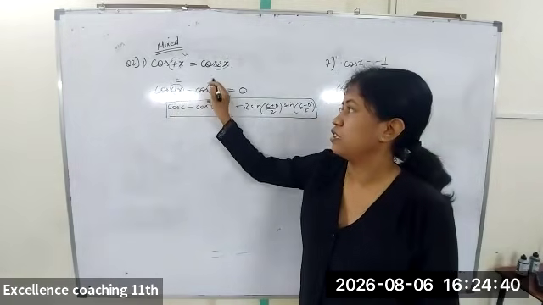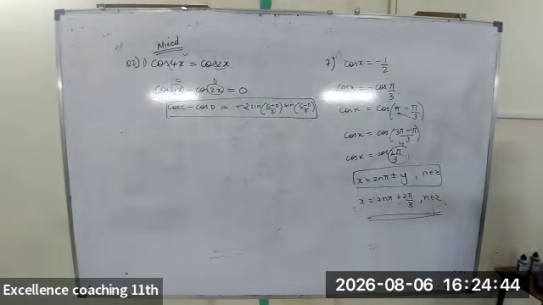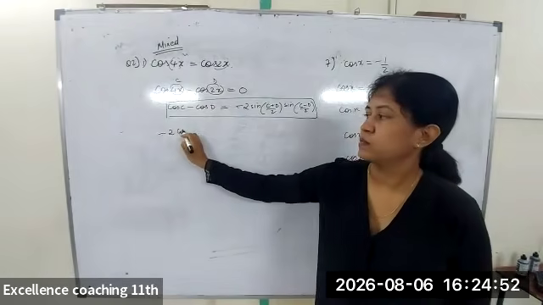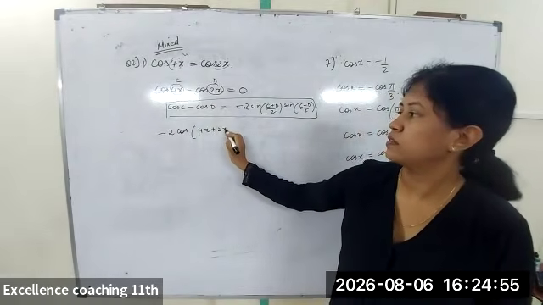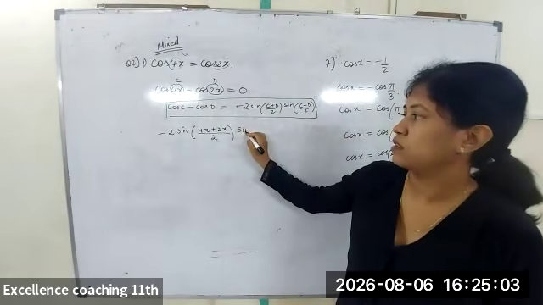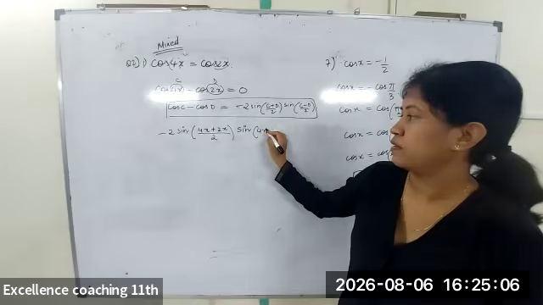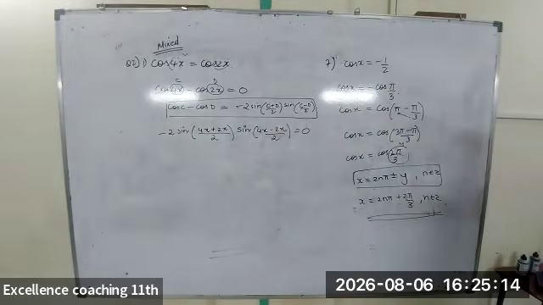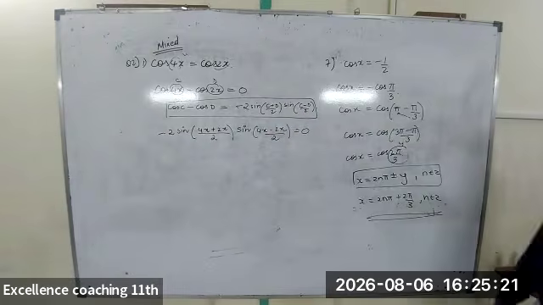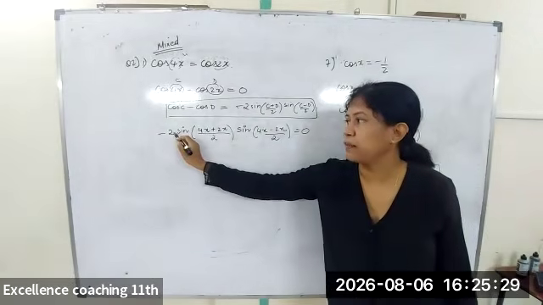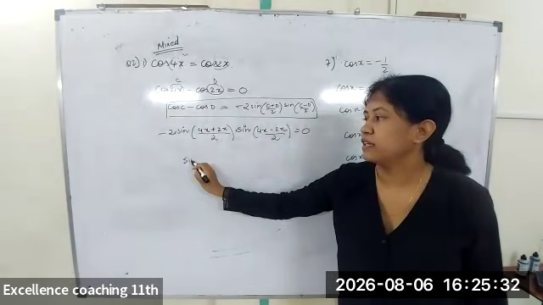So this is your C. Now this minus 2 we can take on the other side, because they are all multiplication and the 2 goes anyway on the other side.